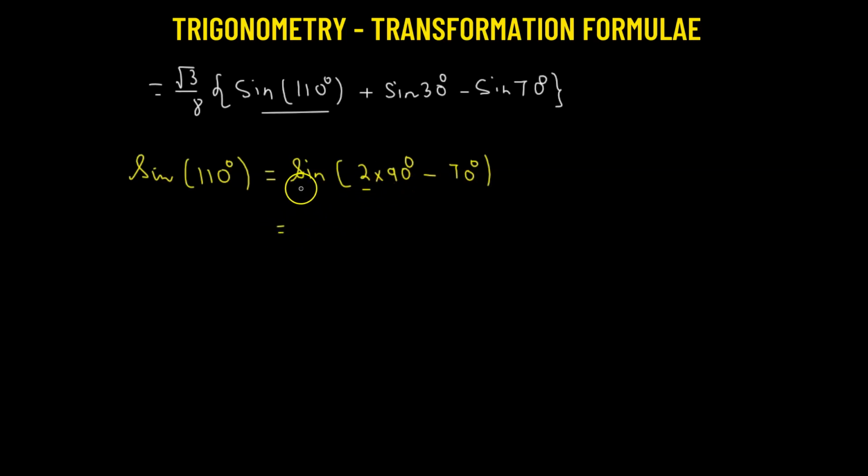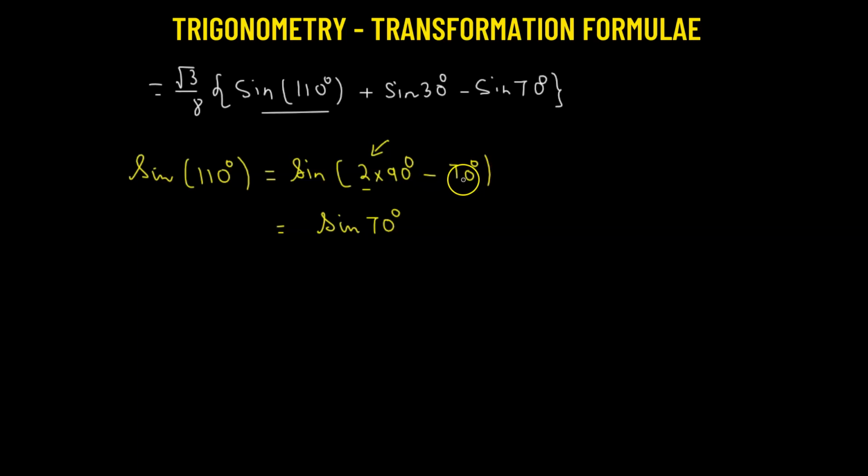Whenever we have an even multiple, the sine function is going to remain a sine function, but the new angle is going to be 70 degrees. And the sign of the final value depends on which quadrant 110 degrees lies in. So here we can immediately see that 2 times 90 degrees tells us that we are in the second quadrant. So it's denoted by the number 2.